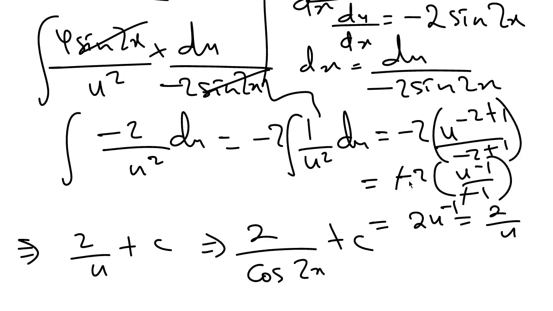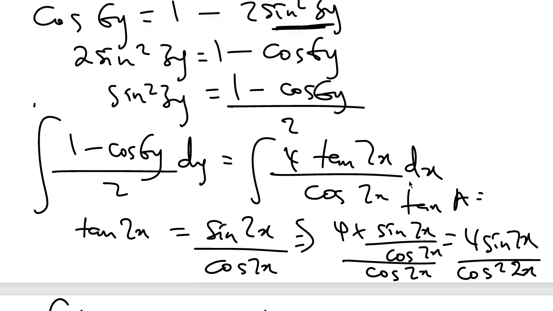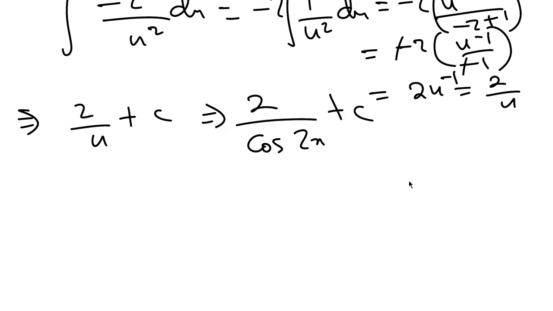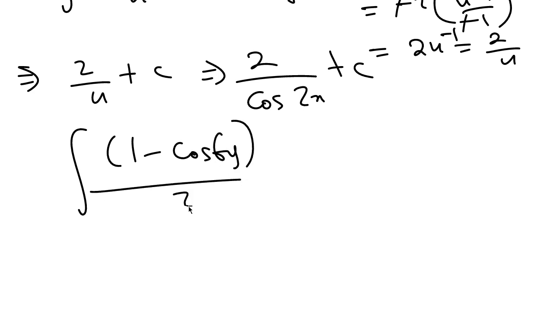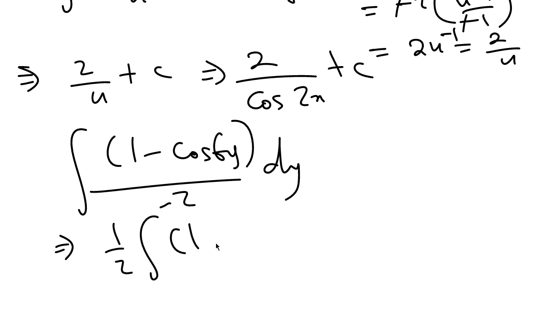Now let's tackle the left-hand side of the differential equation, which says (1 negative cos 6y) over 2 dy, right? So we could move the half to the left side to become half integral of (1 negative cos 6y) dy, right?